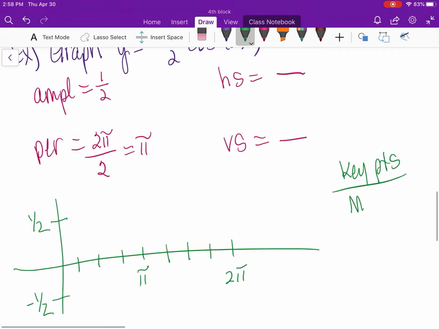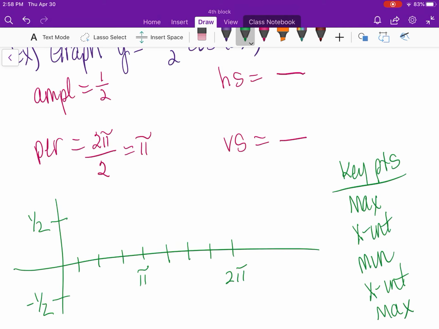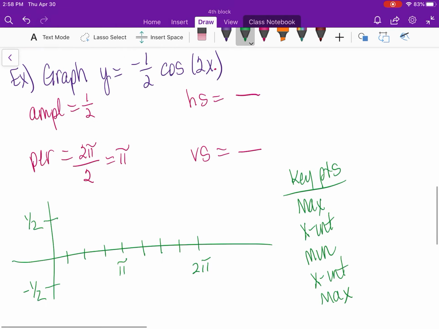Now, like we said before, our key points are max, x-intercept, min, x-intercept, and a max. Okay, that's the typical cosine graph. However, this time, look what we've got going on. That negative there, what does a negative in front do to a graph?